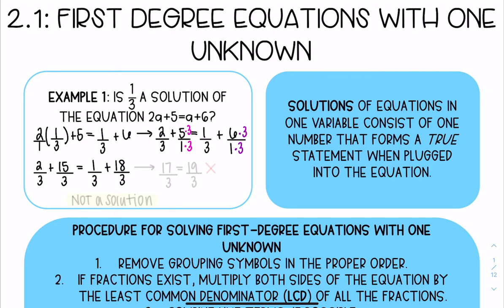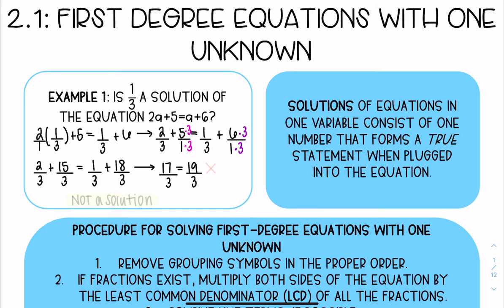So now we can add the numerators. On the left-hand side, we've got 2 plus 15, which is going to give me 17 over 3. And the right-hand side, I've got 1 plus 18, which is 19 all over 3.